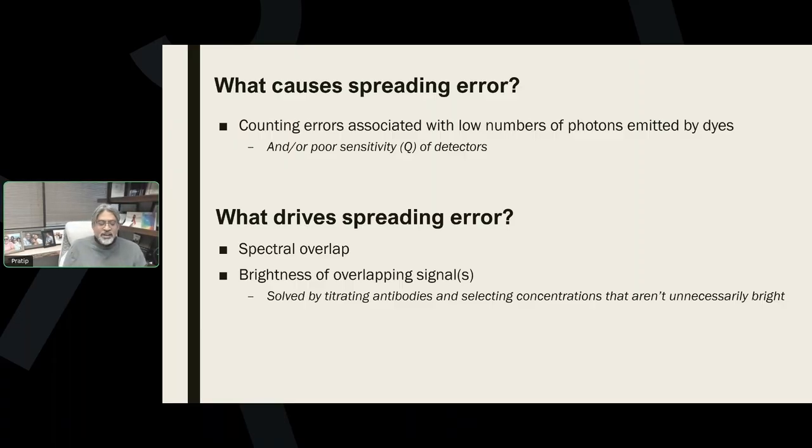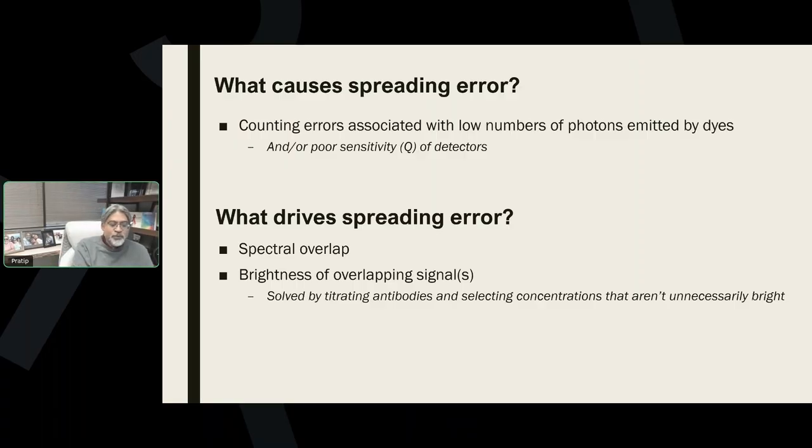What drives spreading error? Well, there are two things really. The level of spectral overlap drives spreading error, because the more spectral overlap you have, the more unmixing you have, and that increases the revelation of this natural spreading error if it exists. Also, the brightness of the overlapping signal is really important.